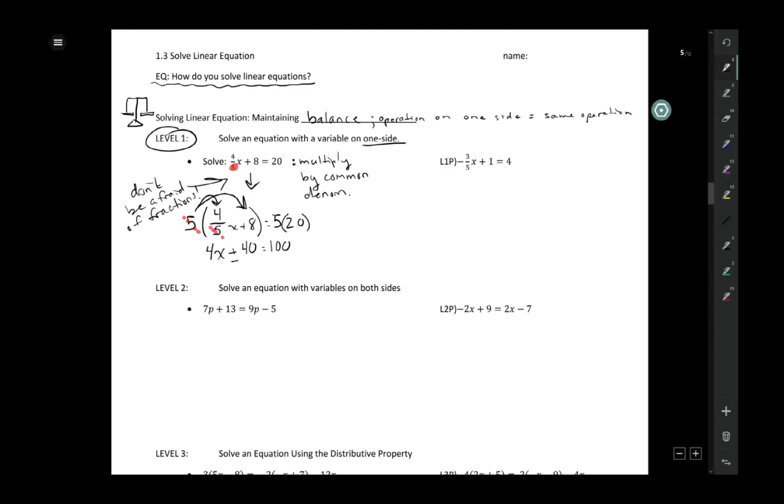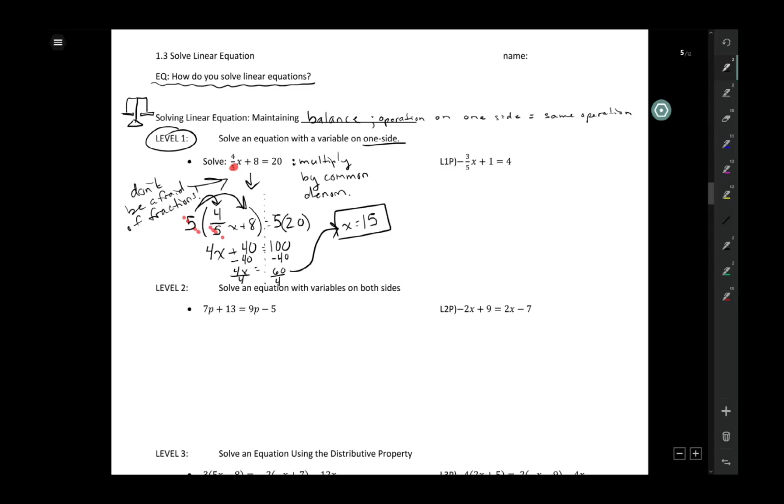Okay, we're going to subtract 40 from each side. Whatever you do to one side, you have to do to the other. We get 60 equals 4x, and we're going to divide each side by 4. 60 divided by 4, x equals 15.